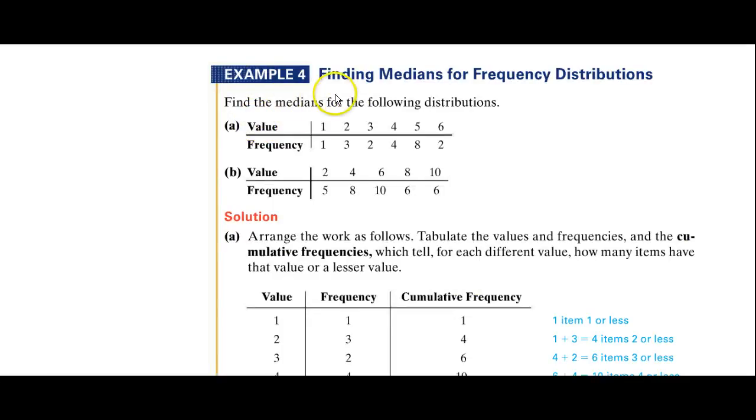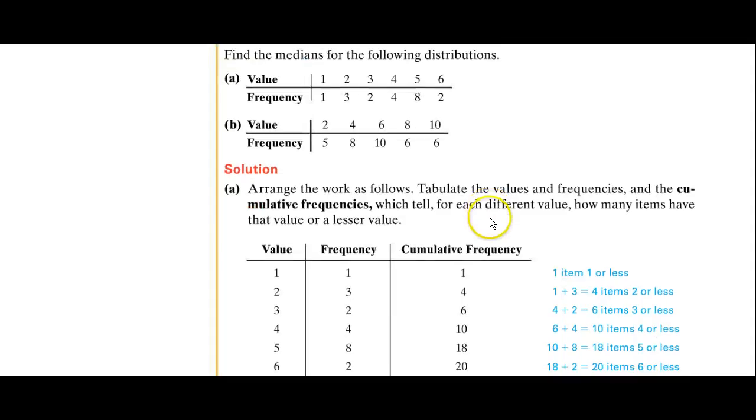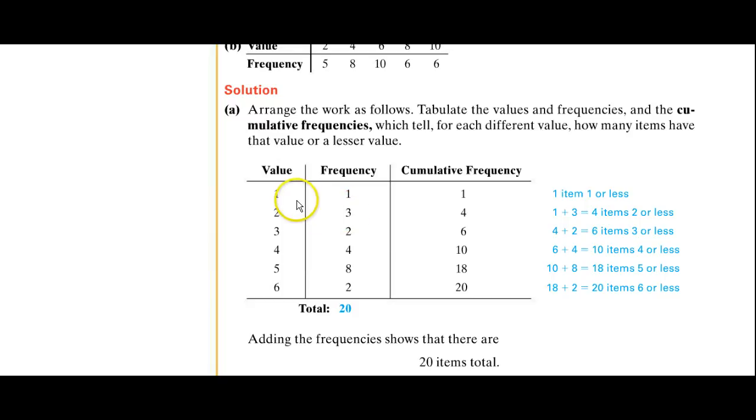In example 4, we are going to look for the medians for frequency distribution. In example A, we have our value, and then we have our frequency. So let's stay with the A solution. We arrange the work as follows. Here's our value, there's our frequency.